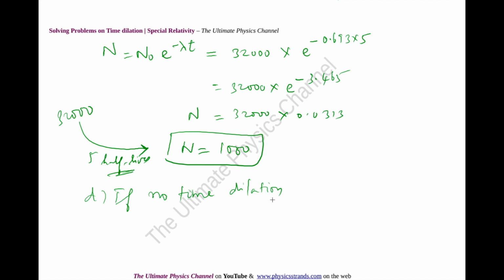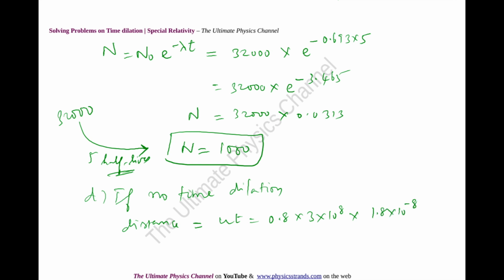We would have calculated the distance traveled, the distance which we calculated earlier using t prime, now using t. So it is ut, which is 0.8 times 3 times 10 to the power 8 times the actual given time, that is 1.8 times 10 to the power minus 8.